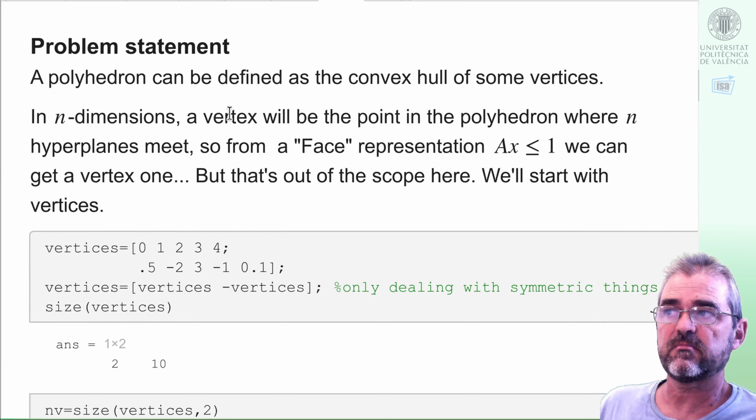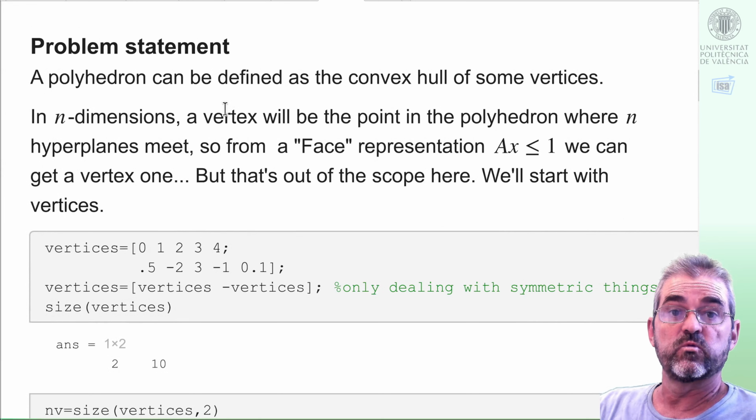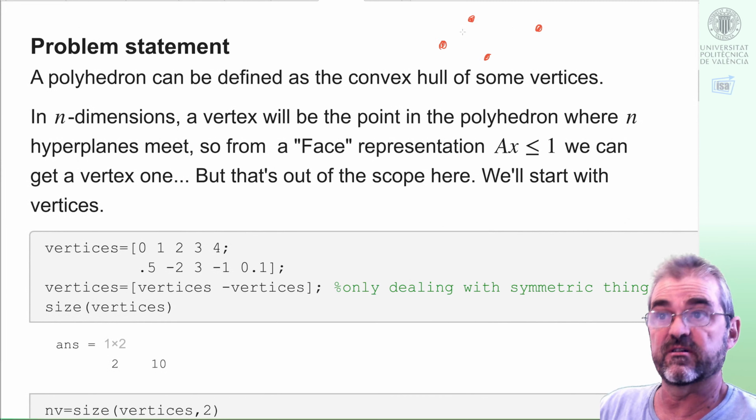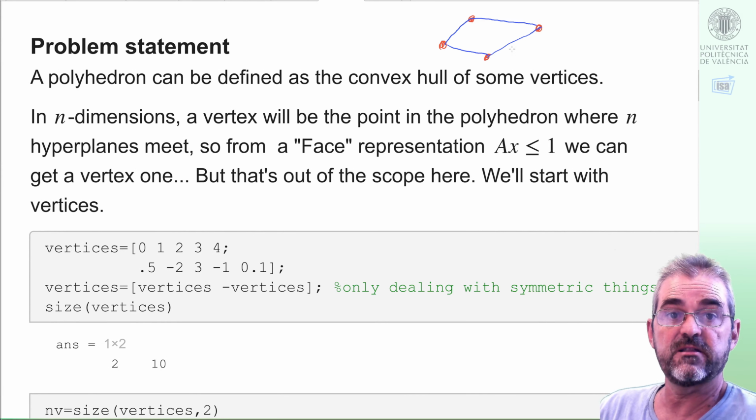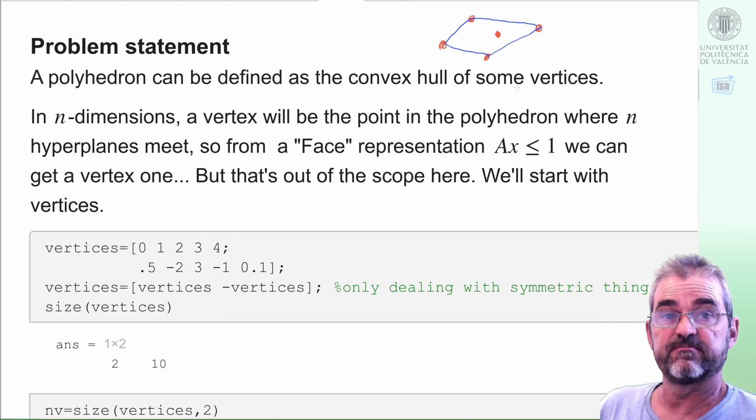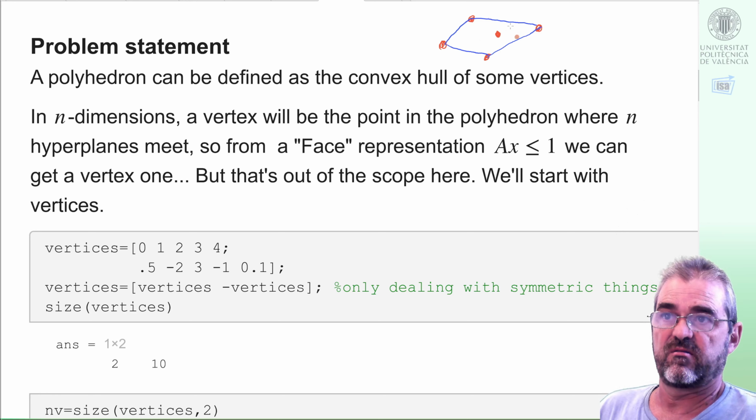Good. So, we'll start with the polyhedron. The polyhedron is the convex hull of some vertex points, and we may also have some other points. And the convex hull is the smallest polyhedron containing all the points. So even if I have 5 points, these 5 points will define a 2D polygon with 4 vertices.